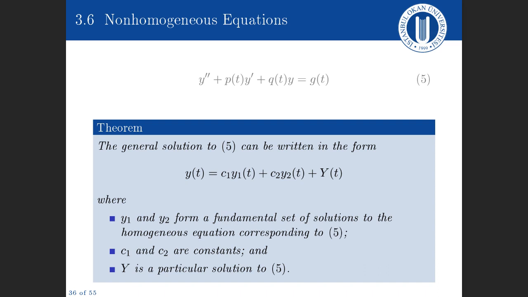In other words, if our equation was equal to 0, then the general solution would just be c1y1 plus c2y2. To take care of, or to account for this extra equal to g of t part of the equation, we need to add on another function which is called a particular solution to 5. That's any solution to the differential equation.